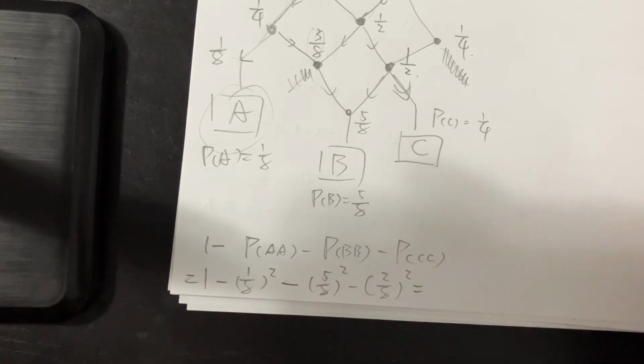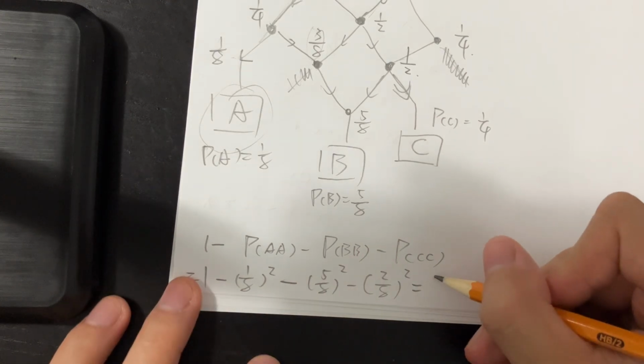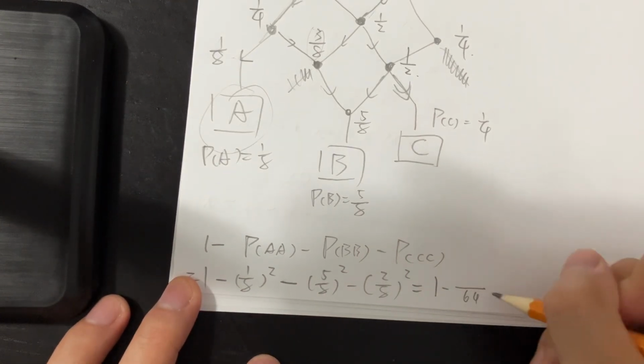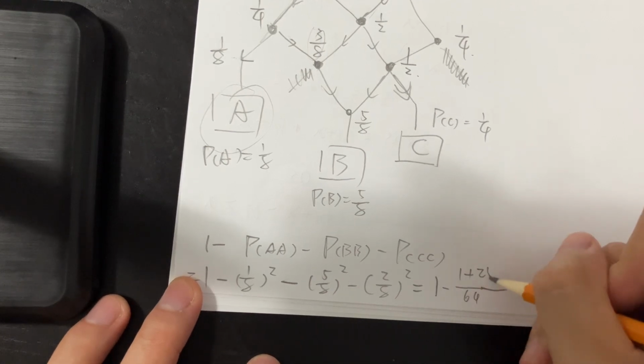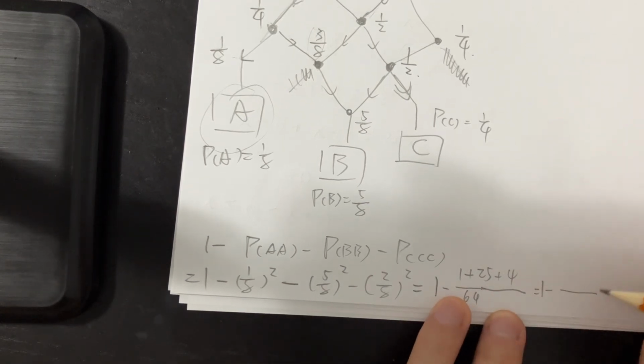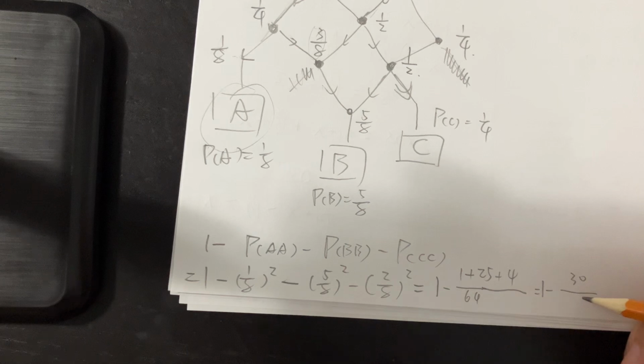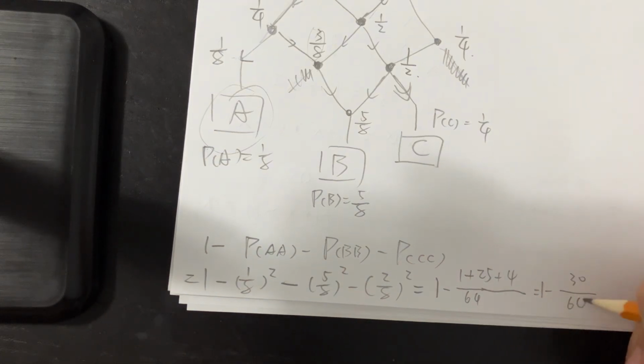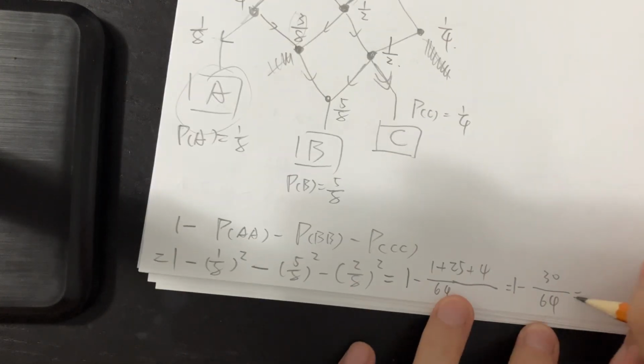Now it's just a matter of calculation. 1 minus, over 64, on top it would be 1 and 25 and 4. Yes, everything looks good. And let's just move on. 1 minus, on the top, it is 30, right? Yes, it is 30/64. And then finally, it is 64 minus 30.